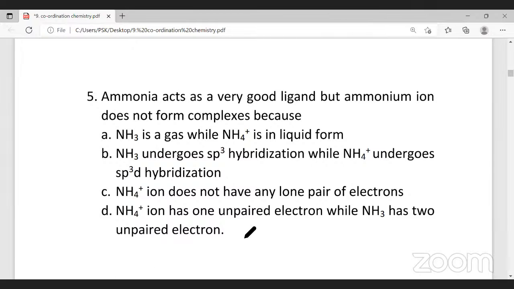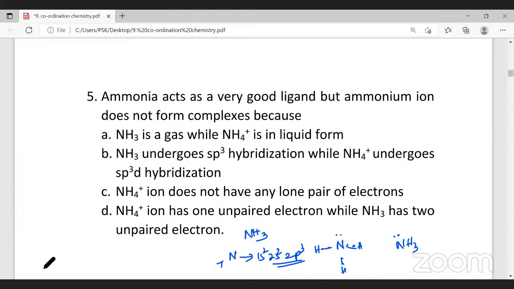Now, in ammonia, the atomic number of nitrogen is 7. The electronic configuration is 1s2, 2s2, and 2p3. It has 5 electrons in the outermost orbit. We represent these 5 electrons by means of dots. The number of outermost electrons we represent by dots. This is called the Lewis dot structure. Each hydrogen atom has 1 electron, and we represent 1 electron of each hydrogen. Two electrons are shared to form a bond. So in ammonia, we have a lone pair of electrons.